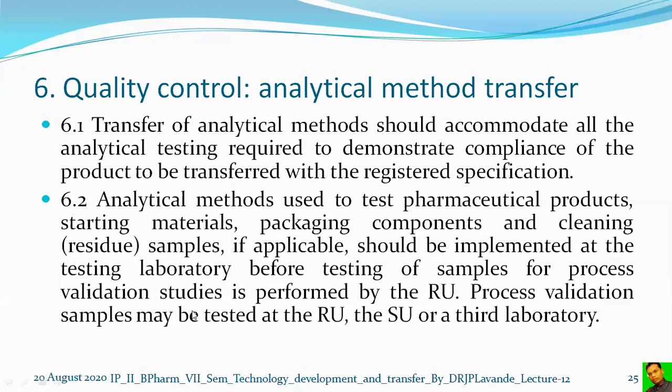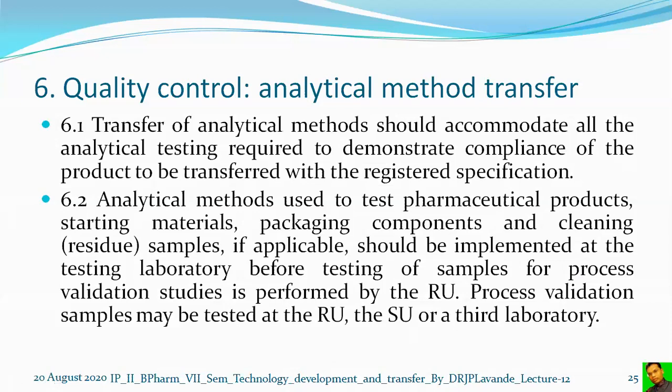The process validation samples may be tested at the receiving unit and the sending unit or a third laboratory. In order to get unbiased results, there is a need to confirm the testing at the receiving unit, the sending unit, or sometimes a third party.